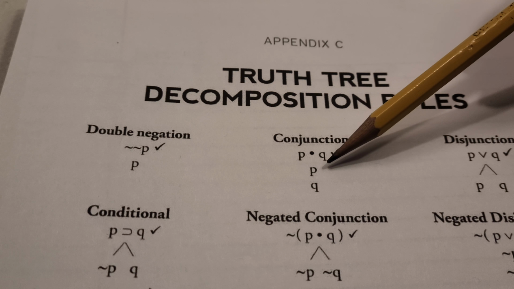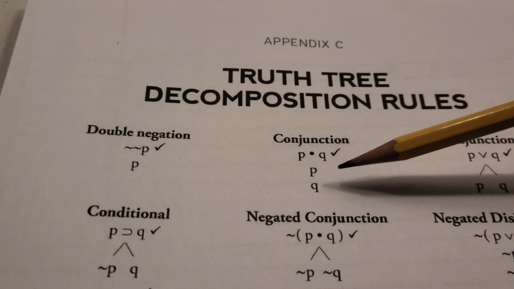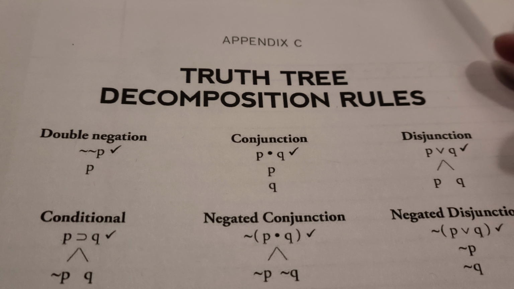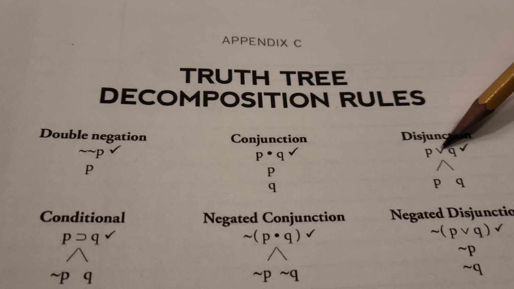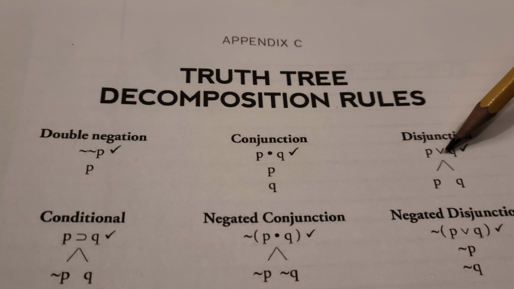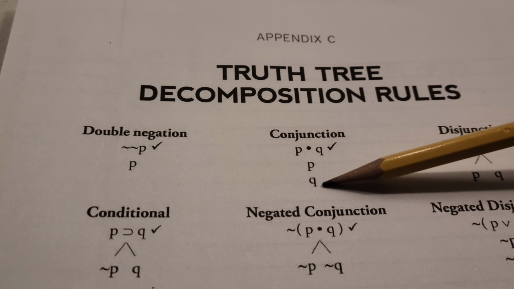It just goes straight down, because anytime it's an and, it goes straight down instead of branching off. When it's an or, it's going to branch kind of like an upside down V. So if there's an option, it will branch. If it's just the and, it just goes straight down.